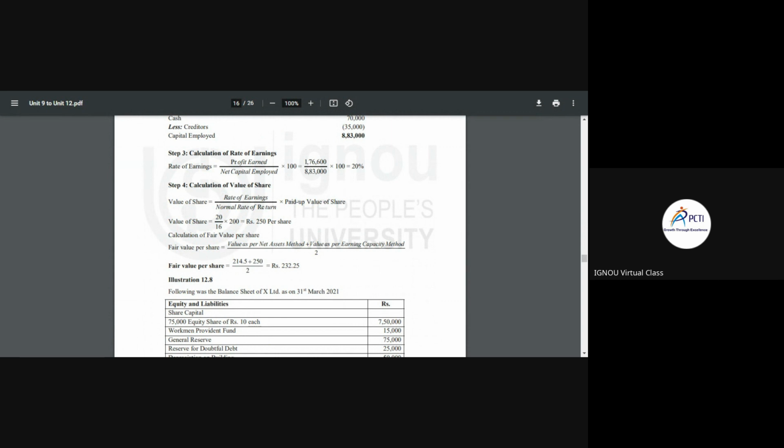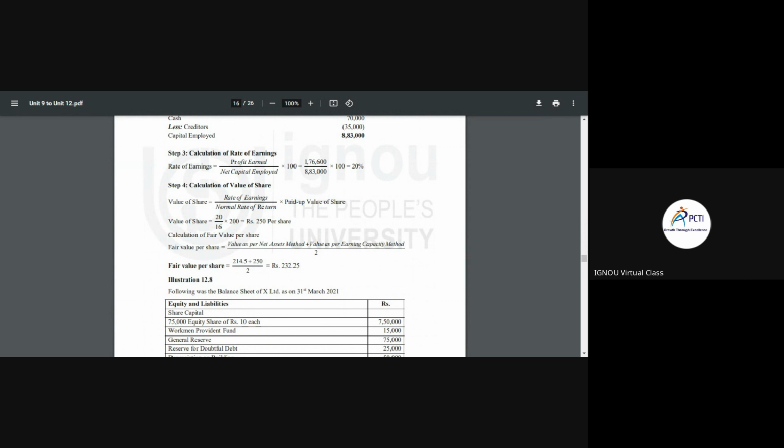Then we have step 4, calculation of value of share. Value of share is equal to rate of earning divided by normal rate of return multiplied by paid up value of share. So the value of share is equal to 20 divided by 16 multiplied by 200. So the value per share is equal to rupees 250.